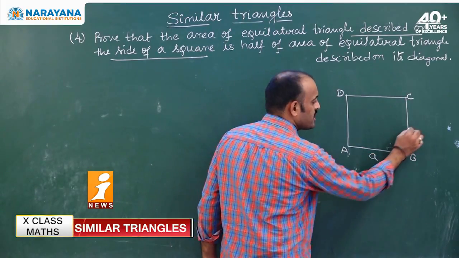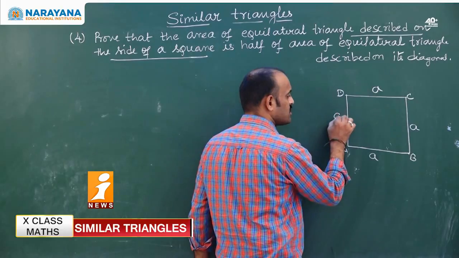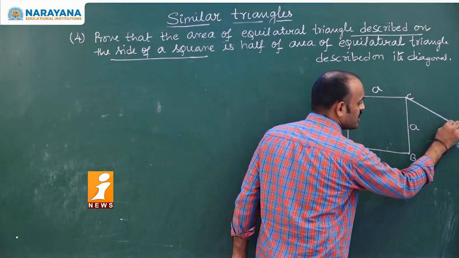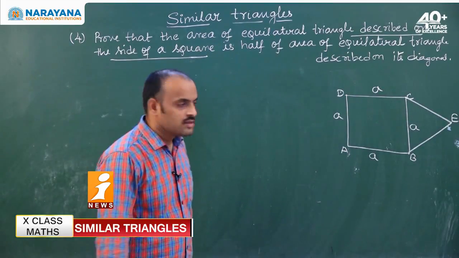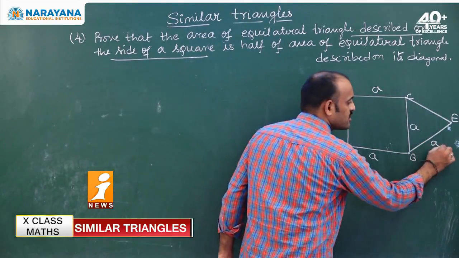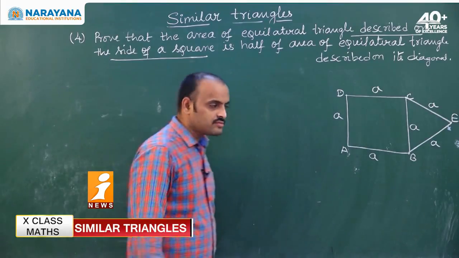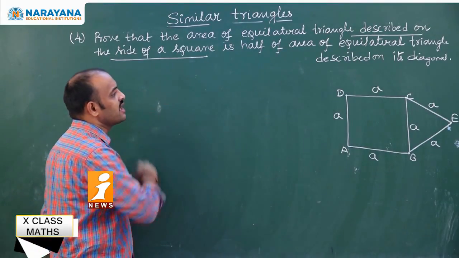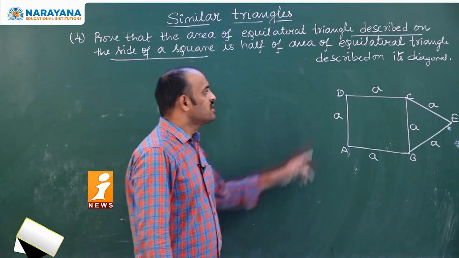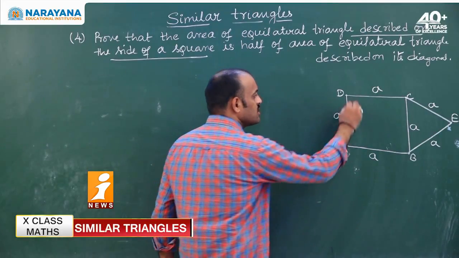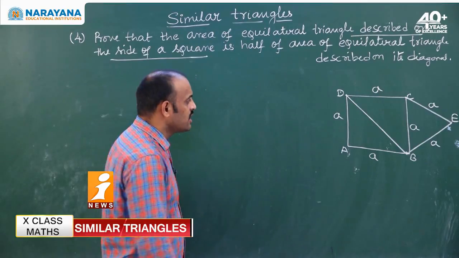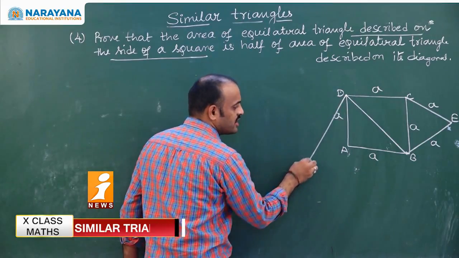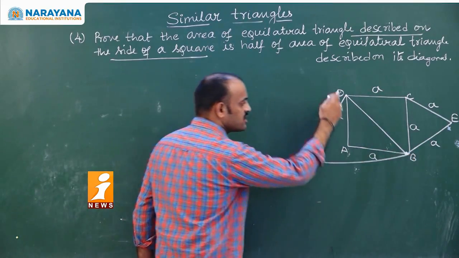Let the sides be A units. That means all the sides are A. One more equilateral triangle I should describe on its diagonal. So BD is the diagonal. I need to describe an equilateral triangle on this BD.